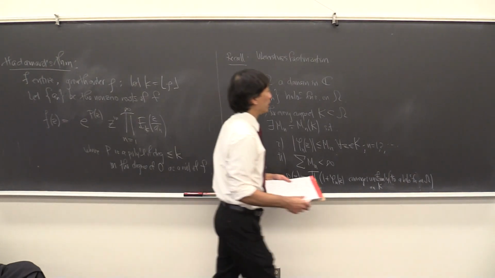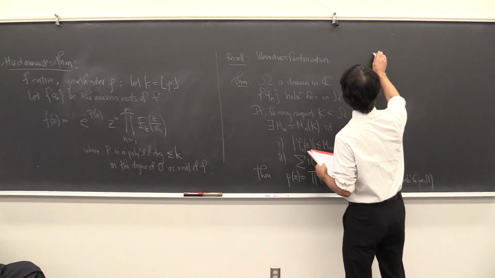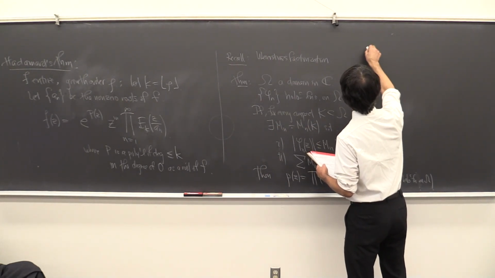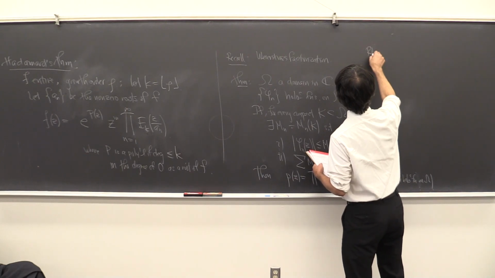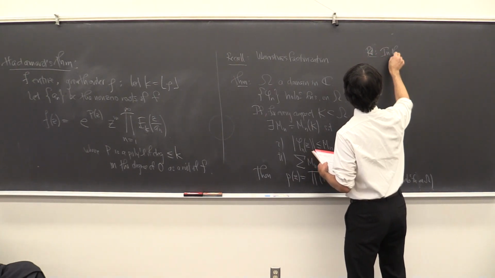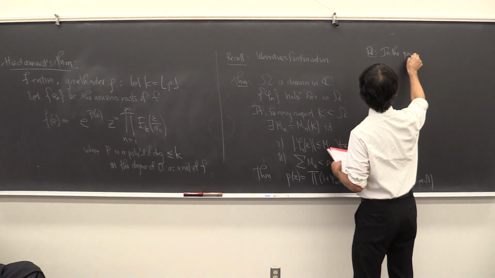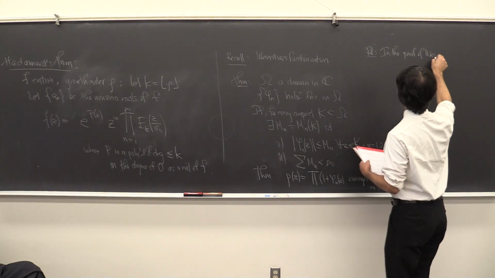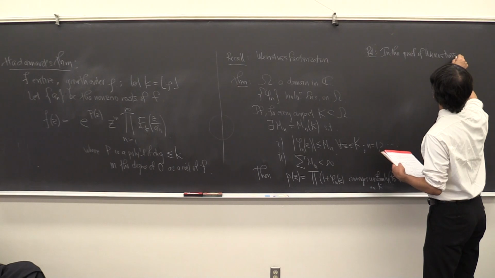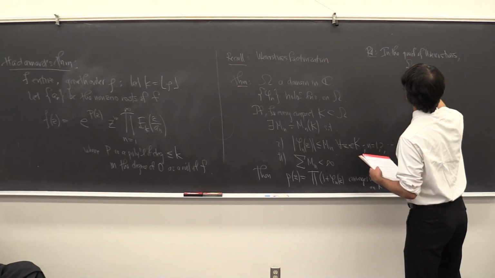Okay. So in the proof of Weierstrass's theorem, we have a sub n going to infinity.